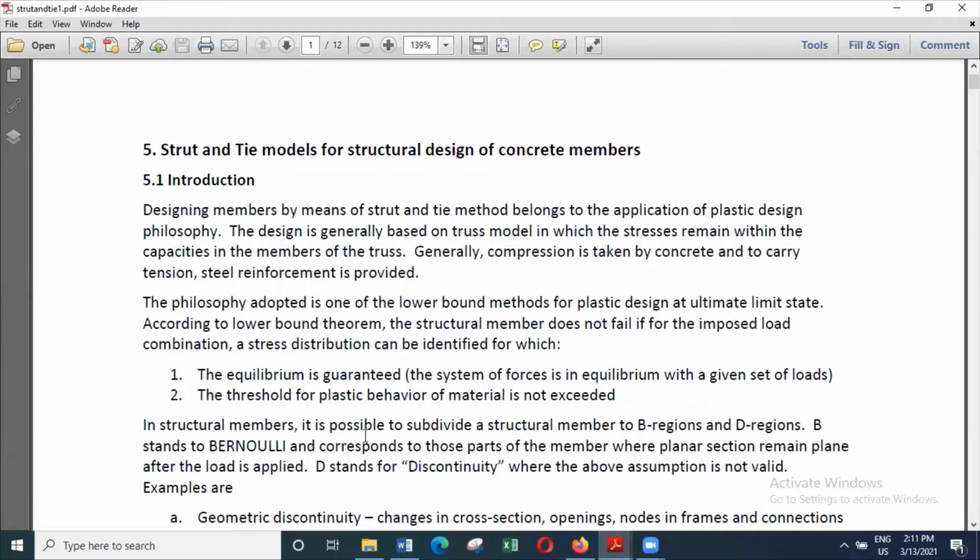But once you perform the design, it does not mean that the structure is going to behave exactly as we have assumed. It could be that certain places the material will go into plastic regions and so on as well.